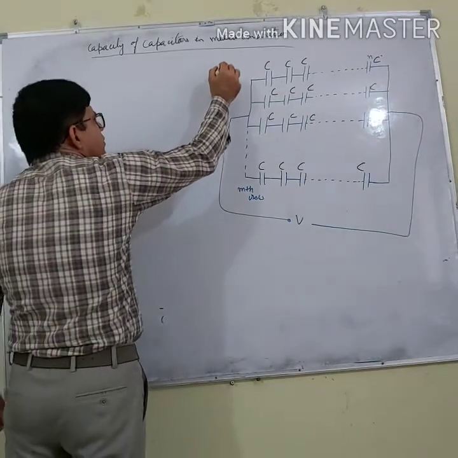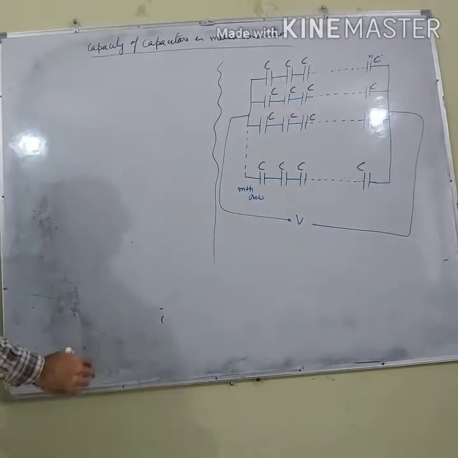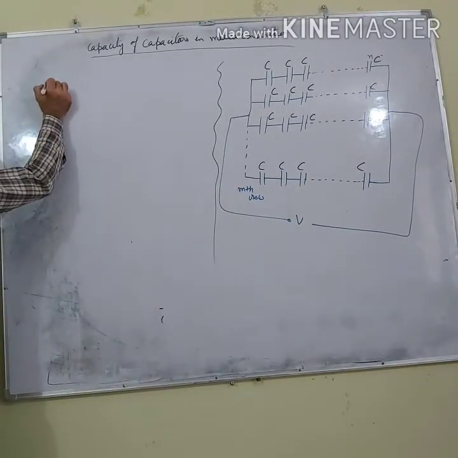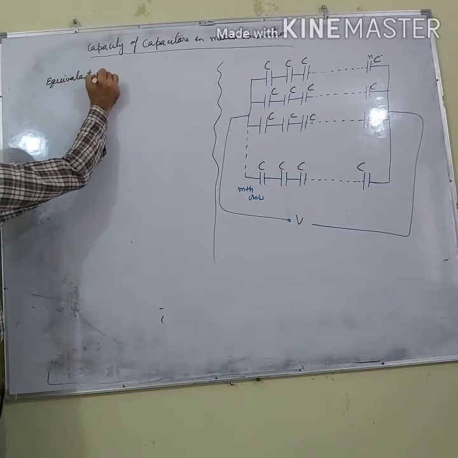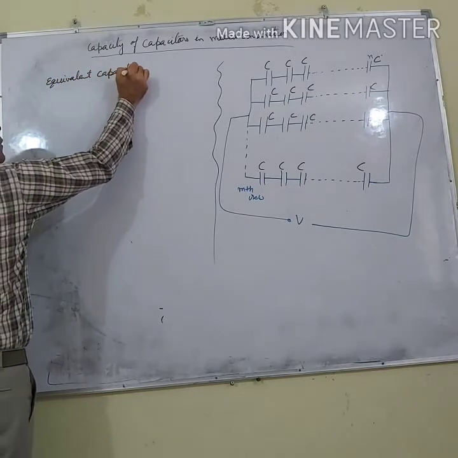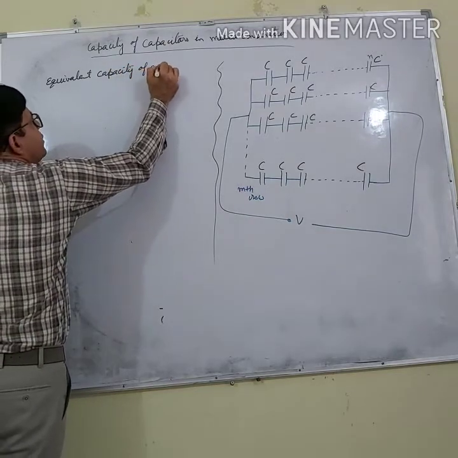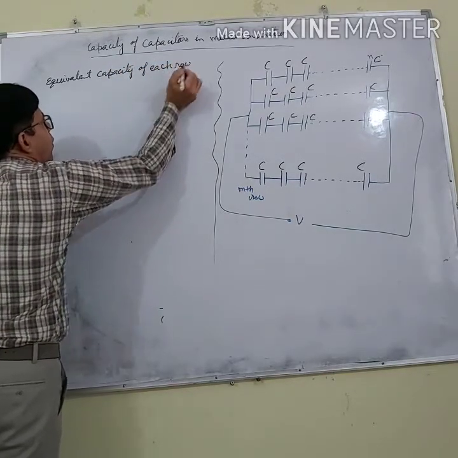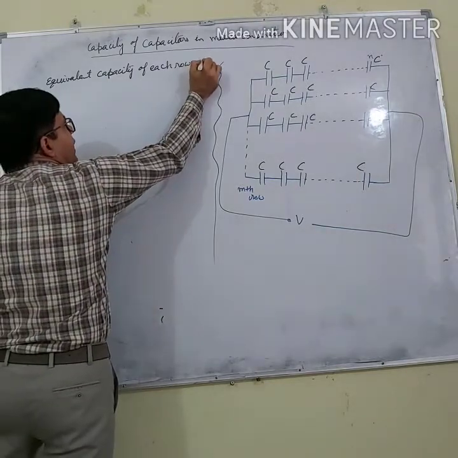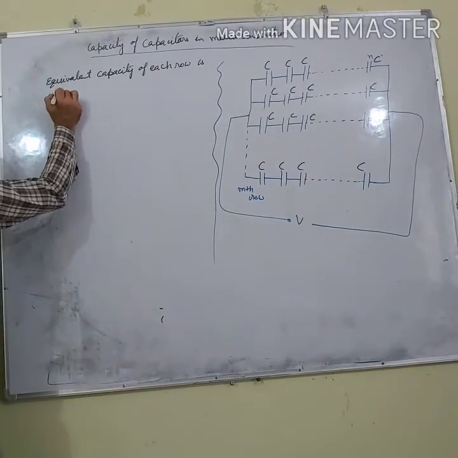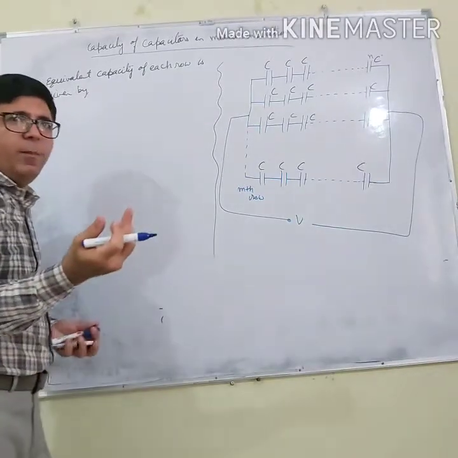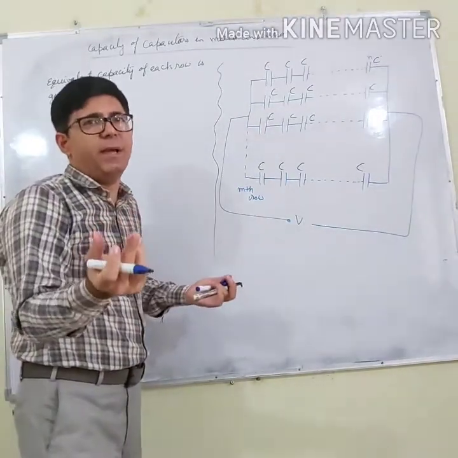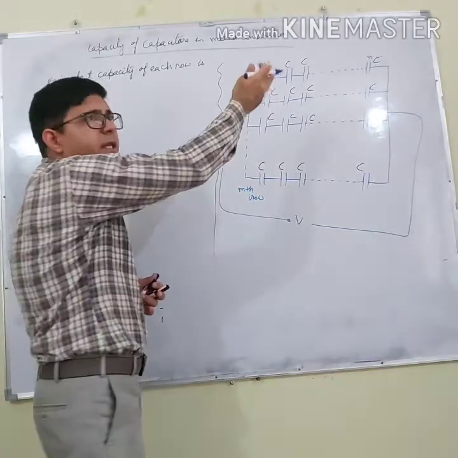Now, first of all, the equivalent capacity of each row is given by, how can I find the equivalent capacity? In series, what was the formula? 1 by C equals 1 by C1 plus 1 by C2 plus 1 by C3. And how many are there?